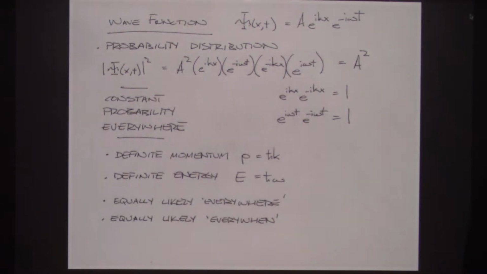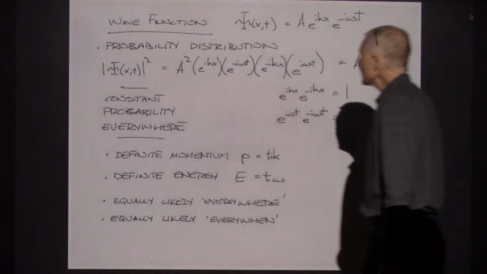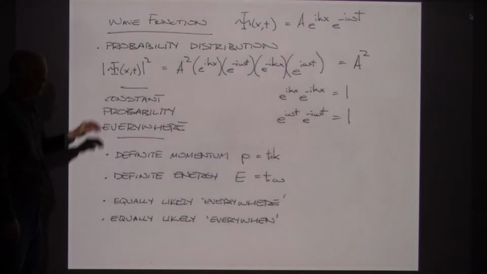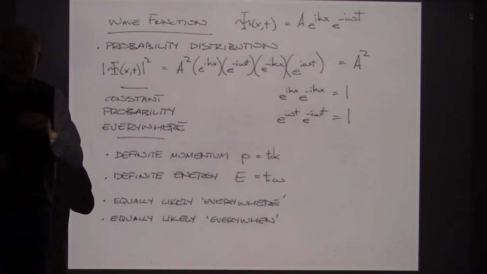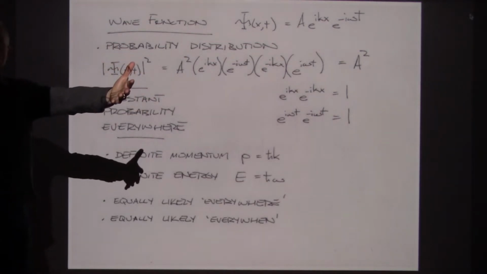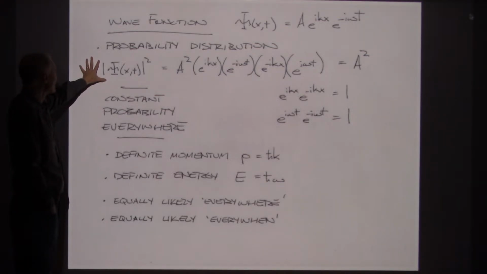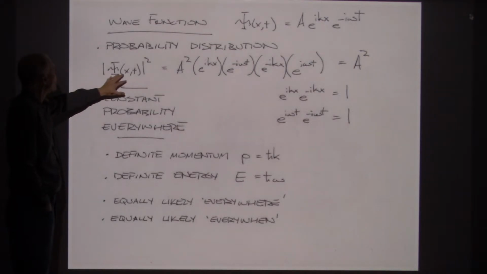In quantum mechanics that's not the case. In quantum mechanics the particle is represented, instead of existing at one point, as existing at a range of possible locations.